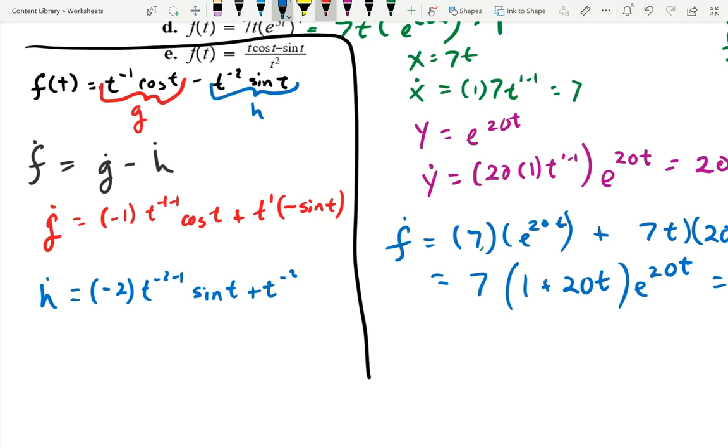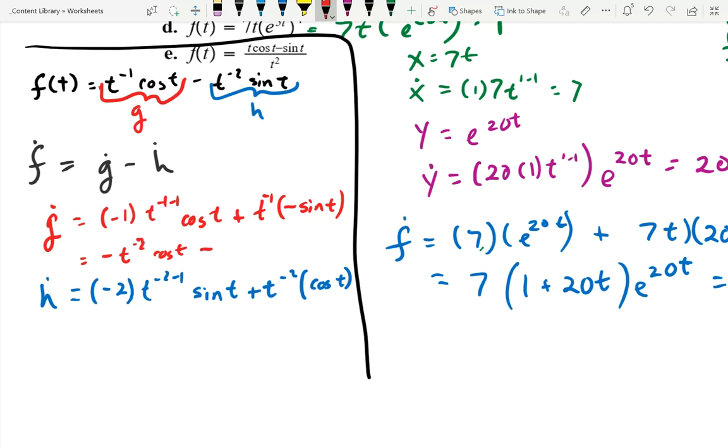Yeah, my minus 1 disappeared. There. t to the minus 2 times cosine of t. So I didn't simplify like I should have. The G dot simplified is equal to negative t to the minus 2 cosine of t minus t to the minus 1 sine of t.